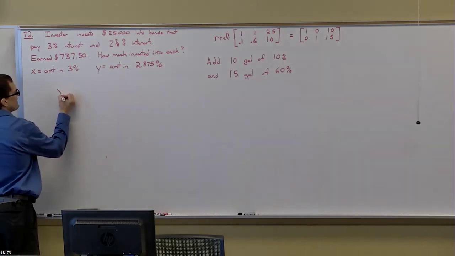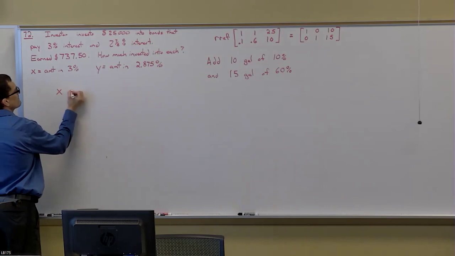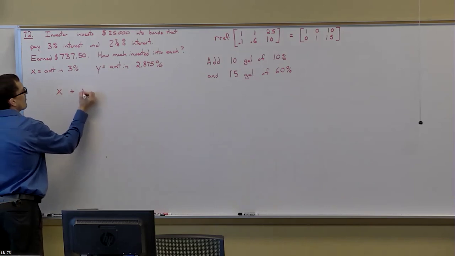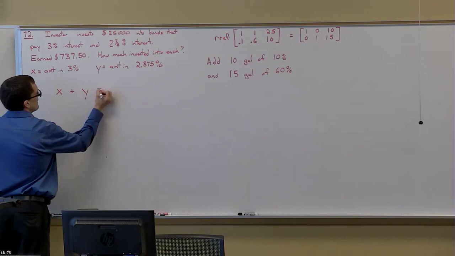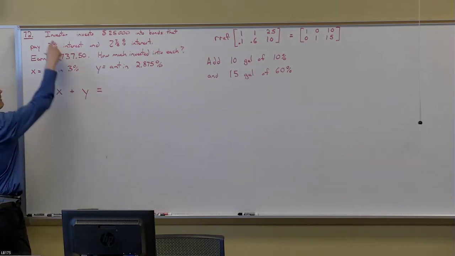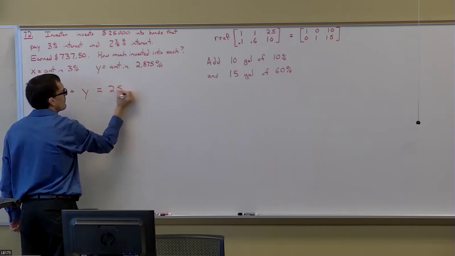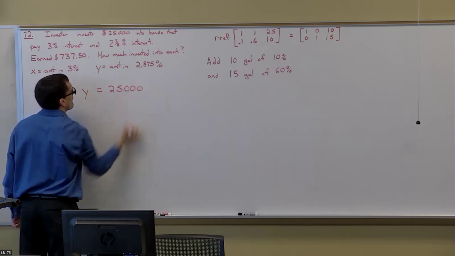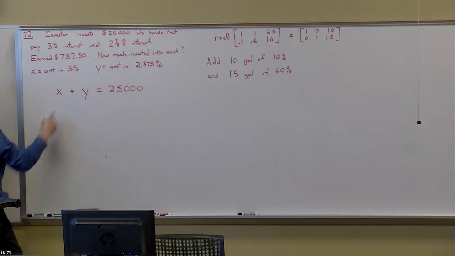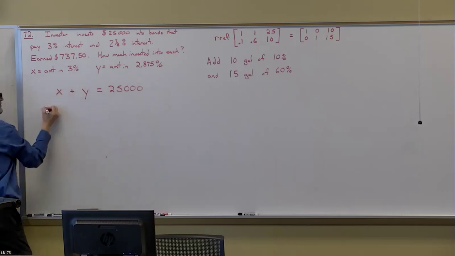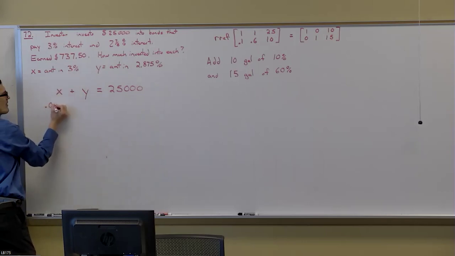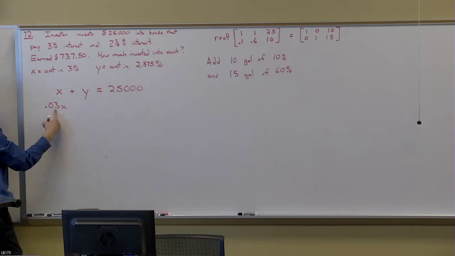Well, it's basically the same setup. The amount invested in both accounts has to be equal to the 25,000 total. And then if we do 3% into X, when I convert that to a rate, it's going to be 0.03.